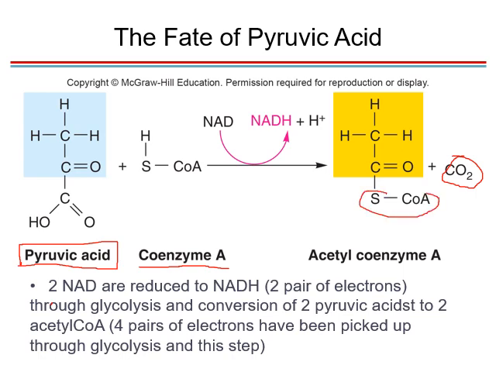Okay, and you see that there. And do this reaction. All right, we reduce NAD to NADH. So now we pick up 2 more reduced NADs. We picked up 2 more pairs of electrons.